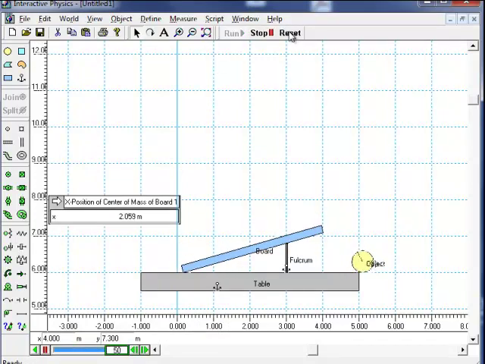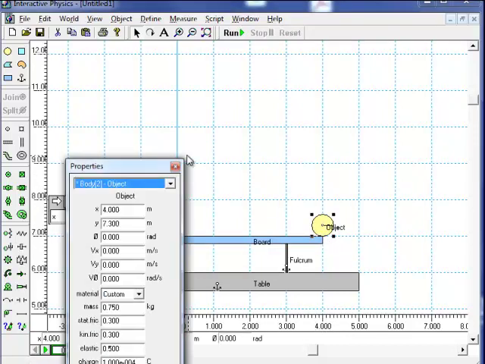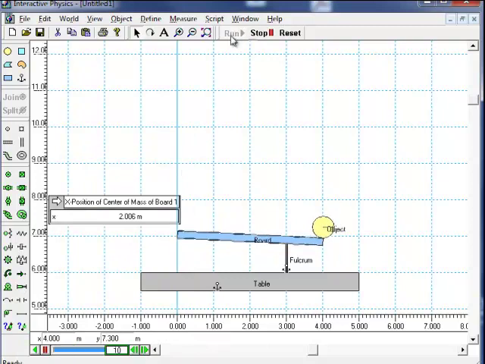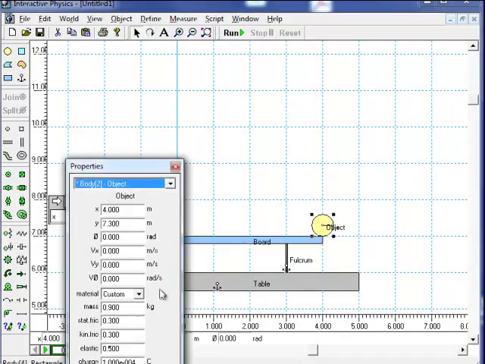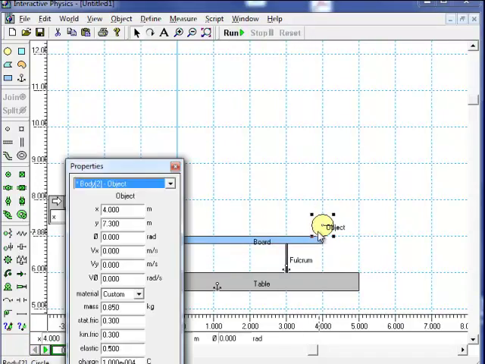Okay, not as drastic, but the object is still not massive enough. So again, I'm going to go somewhere in the middle, 0.9 maybe. Now it's too heavy again. Okay. So let's try 0.85. Okay, still too heavy. Let's try 0.8.